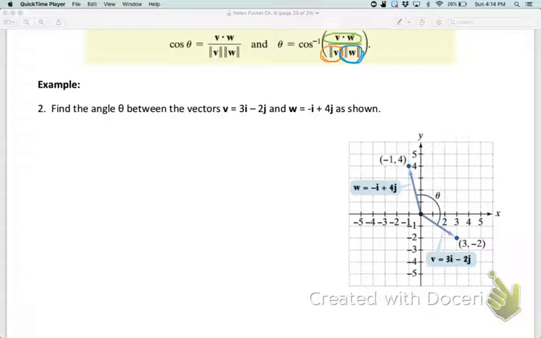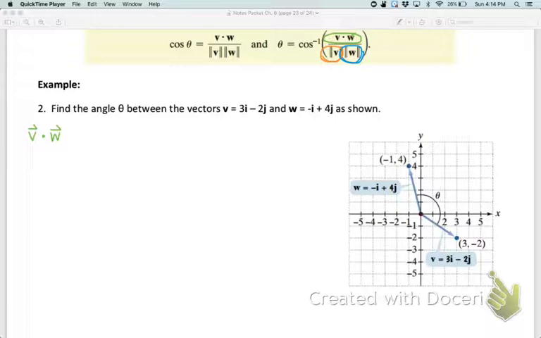So let's start with our dot product, v dot w. And you notice when I say that out loud, I'm saying v dot w. It is not v times w. There is no such thing as a vector times another vector. You can dot two vectors, you can cross two vectors. That's not something that we're going to do in this class, but multiplying is not an operation that we have between two vectors.